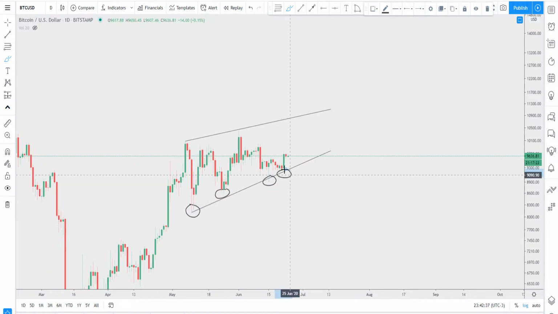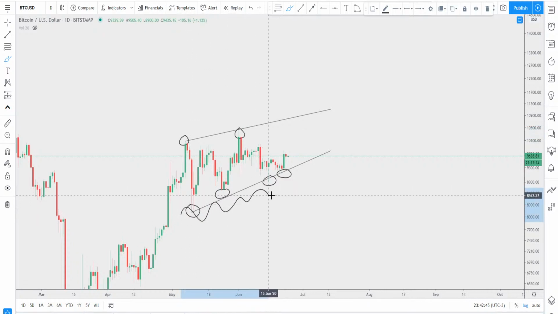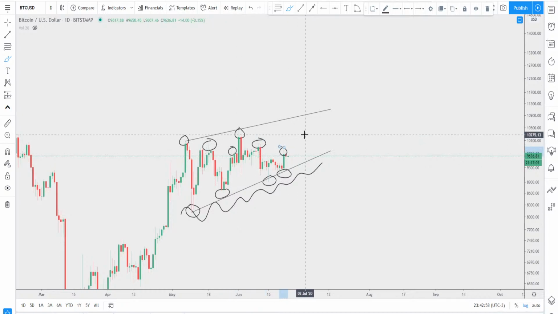Because we are making higher lows and marginal higher highs, struggling, okay? So we are testing the lower band of this pattern a lot of times and making many inside lows, lower highs after strong moves, okay? And so this is also bearish.